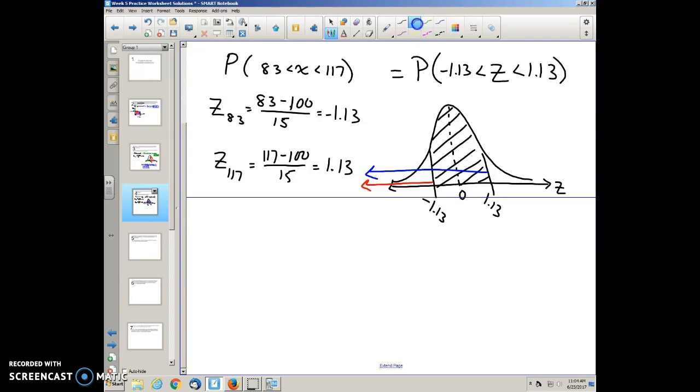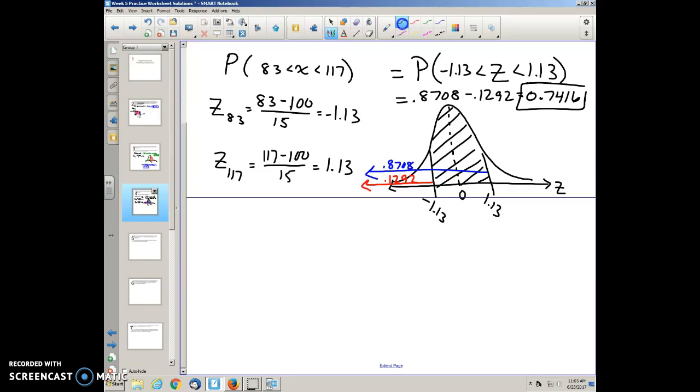So the area to the left of 1.13 from the table is 0.8708, and the area to the left of negative 1.13 is 0.1292. The area in between is the difference between those two numbers, and that's 0.7416.